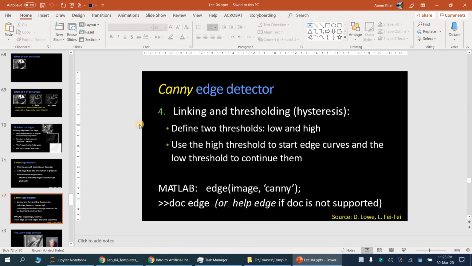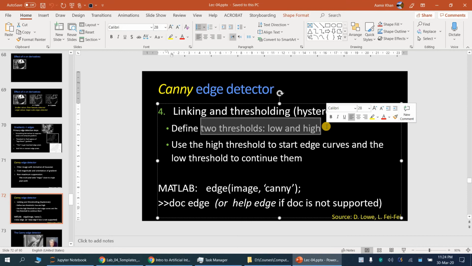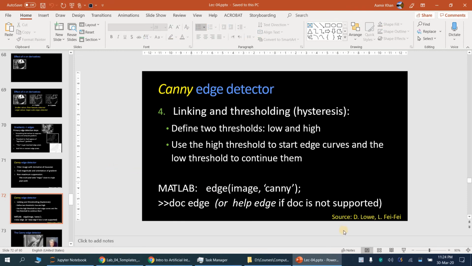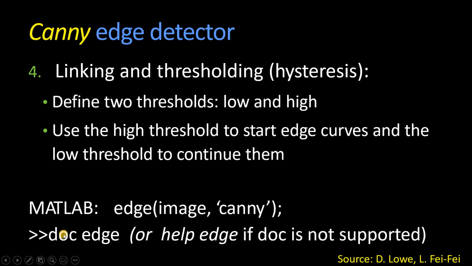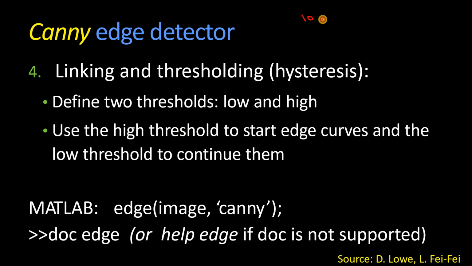So you have two thresholds. These are the two values that you see in the cv2.Canny function. One is the low threshold and the other is high. You use the high threshold to start the edge curves, and the low threshold is used to continue them. Okay, so you give a value, for example 100. These are the typical values, and for example 300.